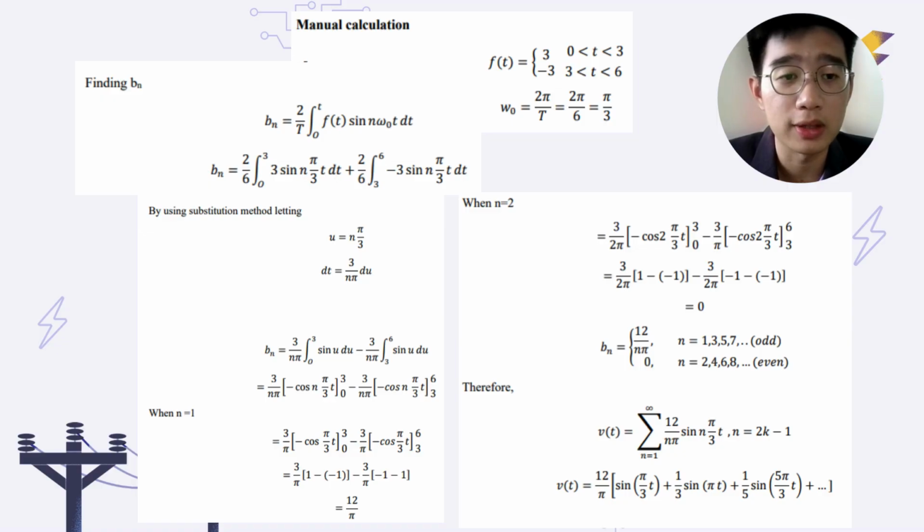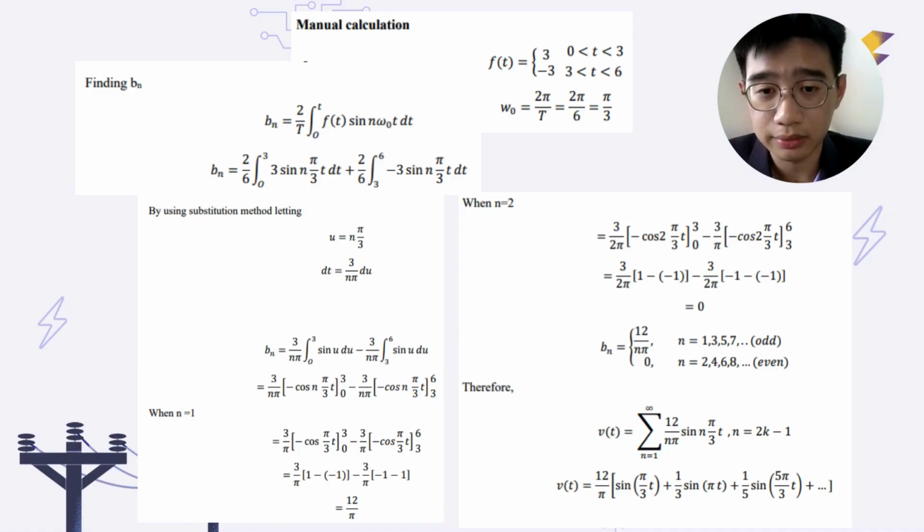We are going to integrate this using the substitution method. After we substitute and integrate, we will get 3 over n pi bracket negative cos n pi over 3 t, evaluated from 3 to 0, and minus 3 over n pi negative cos n pi over 3 t, evaluated from 6 to 3.